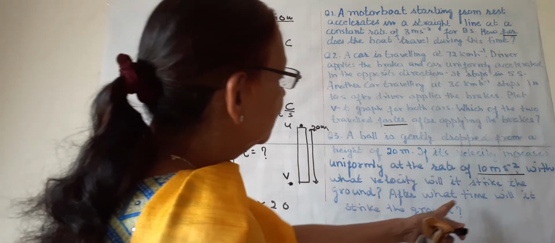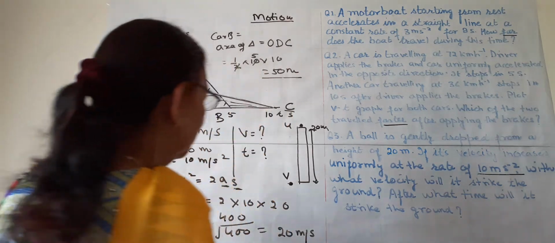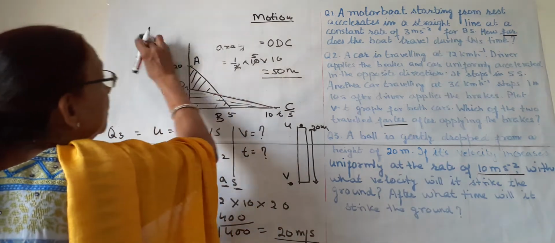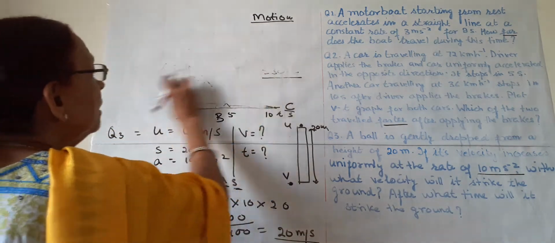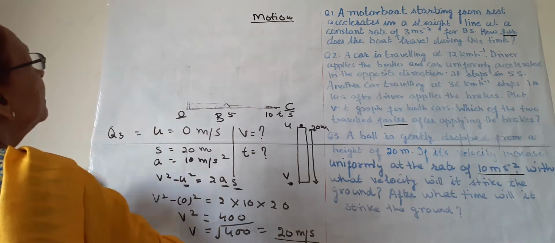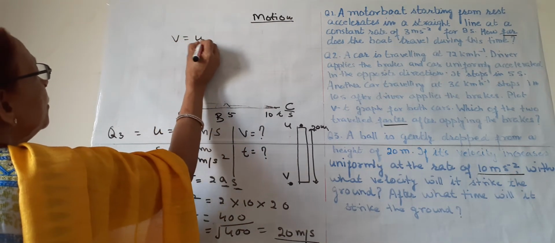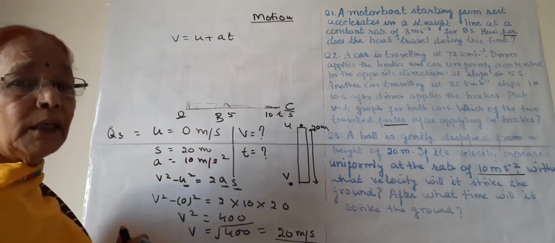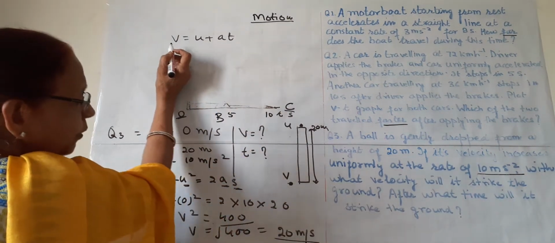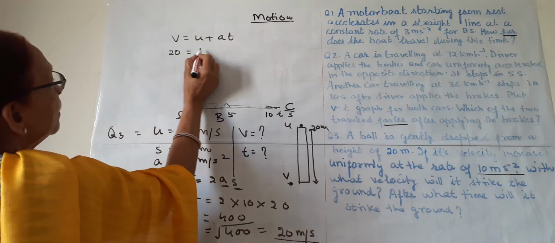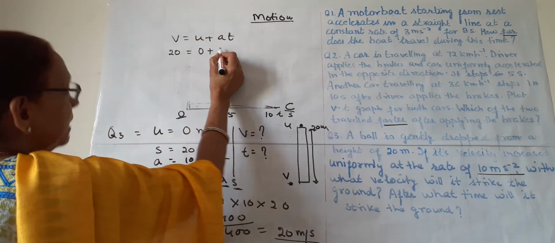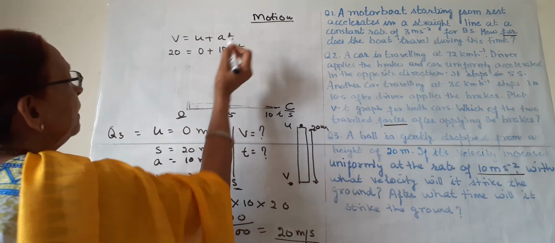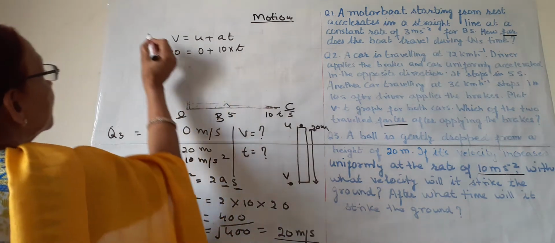Now what else is asked? What is the time? Now we know v also. So we will now apply the first equation of motion to calculate time, where v is equal to u plus at. So in some numericals, more than one equation is used. V we know is 20, u is 0, plus a is 10, and time is to be calculated.